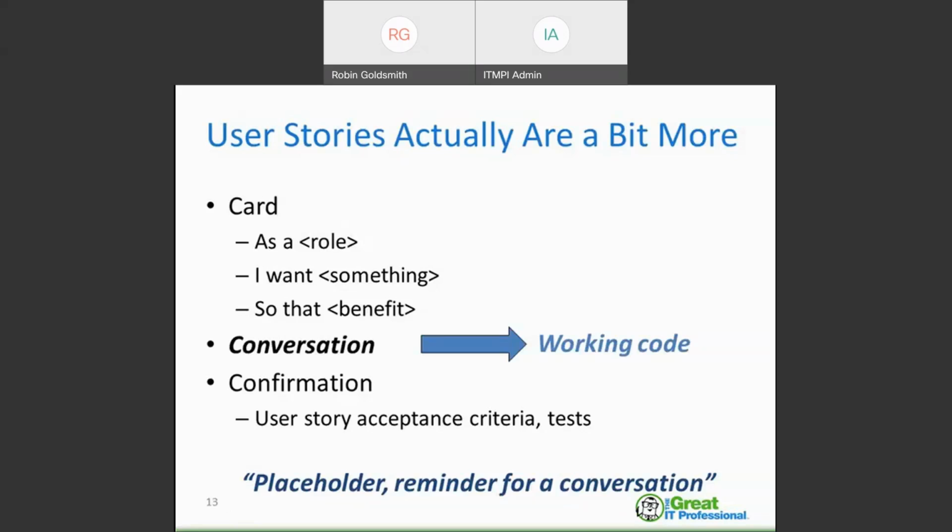The conversation occurs between the project team, the developers typically, and whomever they choose to converse with, whether it's a product owner or other stakeholders or whomever. And as a result of that conversation or those conversations, the developers create working code. And then when that working code passes the user story acceptance tests, that gives the confirmation that the user story has been satisfied.